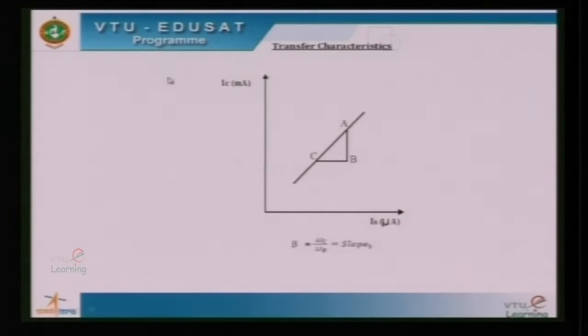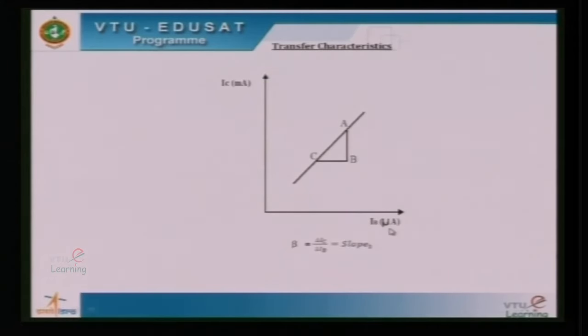Current amplification factor is determined by plotting transfer characteristics. So, it is plotted between the output current against input current. So, output current is IC, input current is IB. IB is measured in microamps, IC is measured in milliamps. So, you see the linear increase in the value of IC with respect to IB.